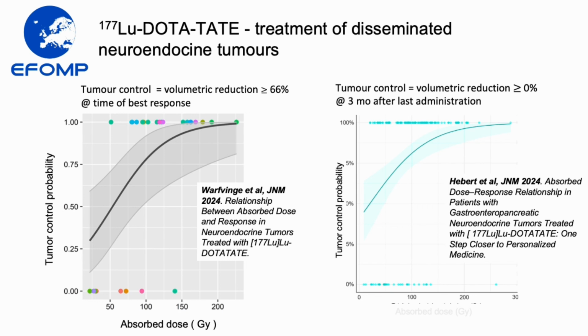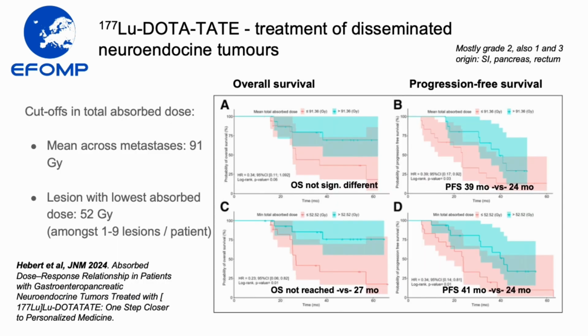This is for treatment of disseminated neuroendocrine tumors using lutetium dotatate, where this year 2 groups presented relationships between the absorbed dose and the tumor control probability. And for patients with neuroendocrine tumors, there is also evidence of the use of dosimetry to predict progression-free and overall survival.